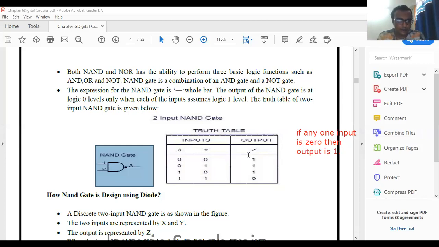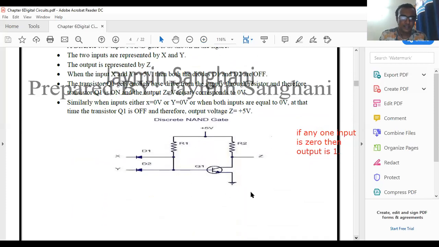Now, how is NAND gate designed using diode? I will explain that here with the help of a diagram. See this. If I apply here 0, 0, try to understand this.